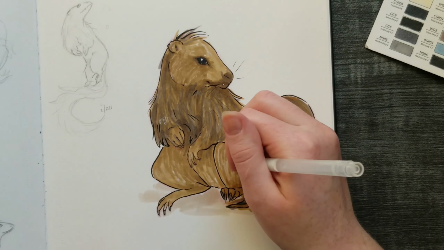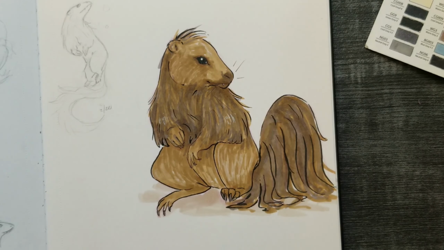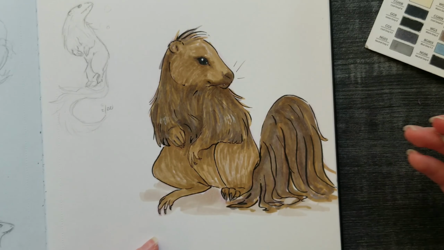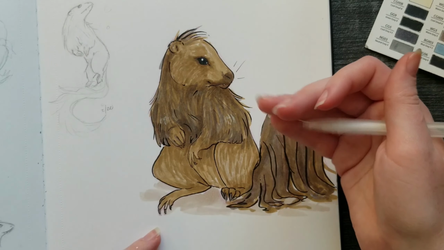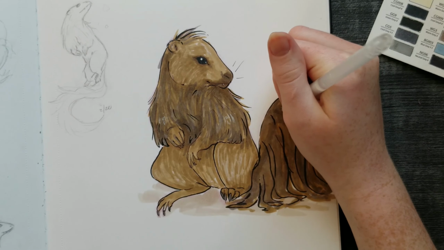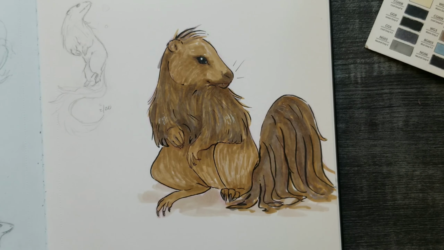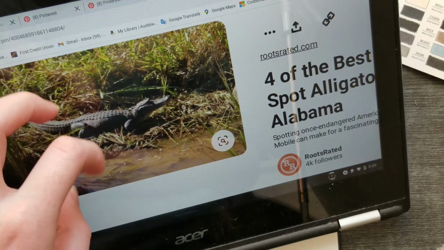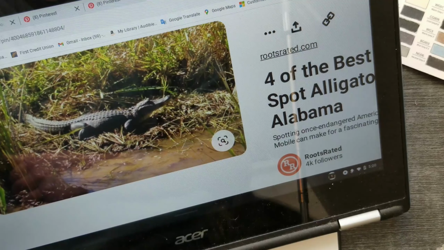I'm thinking that this guy is sort of like a water hog, I don't know if I want to name it that. Like he has his nest near the river. I saw a picture of an alligator in this area. I'm thinking he lives here, maybe builds a nest or digs a hole near the river.